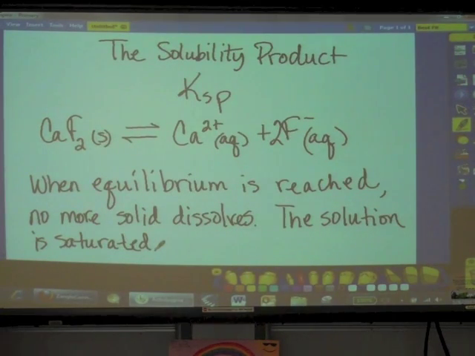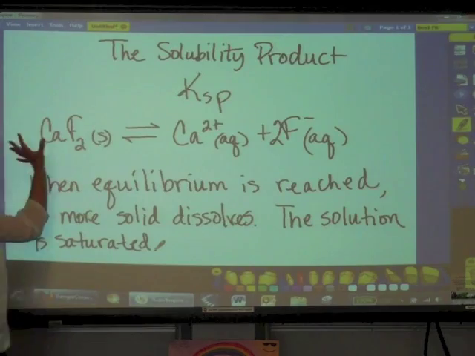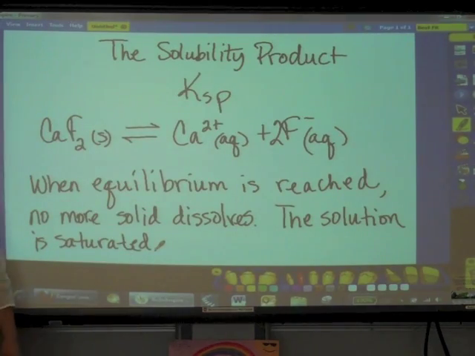Let's write an equilibrium expression for the dissolving of calcium fluoride.